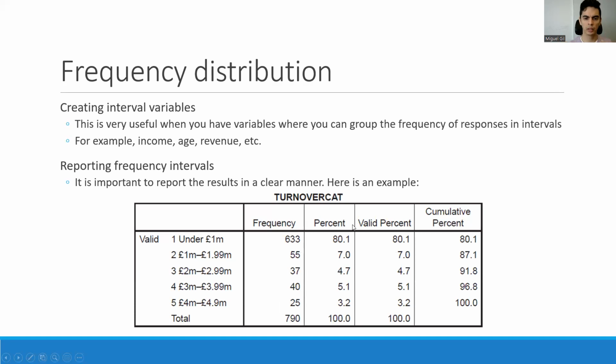But you can also do it in a table like this one. This is exactly the same thing, right? Like 633, 80%. So you are showing in a table that this first group of companies with less than 1 million in turnover represents 80%.